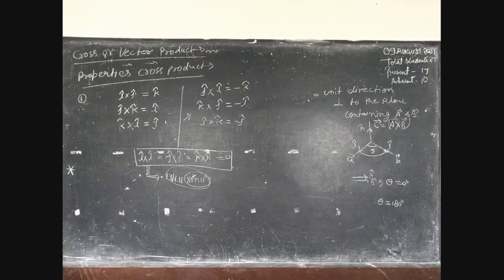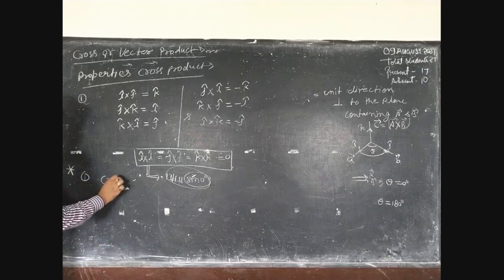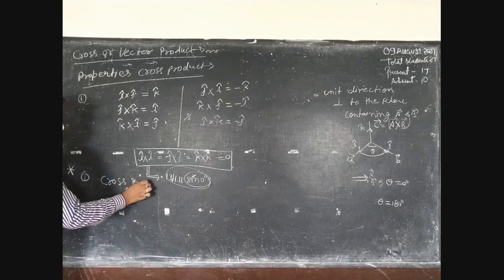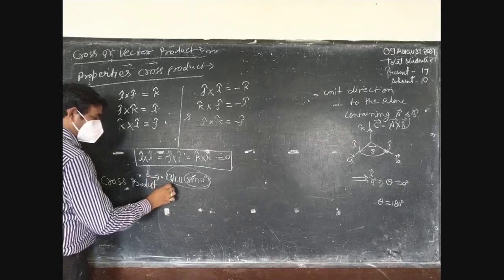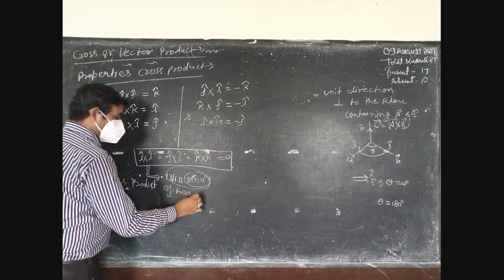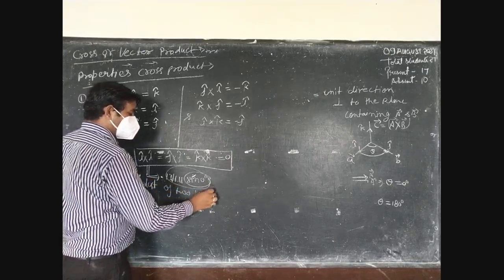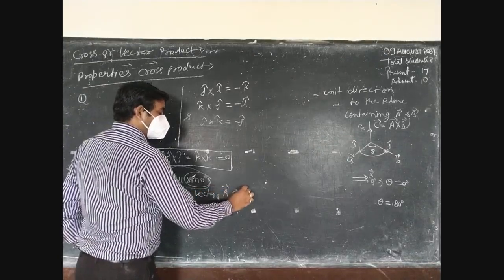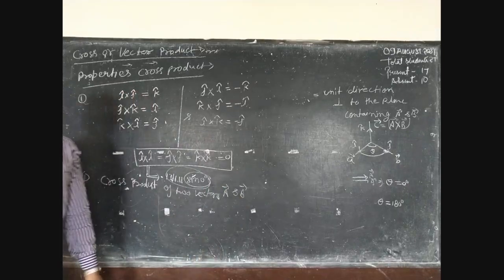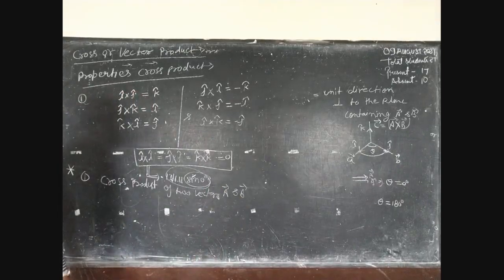Some laws related to cross product. First, the cross product of two vectors, that is vector A and B, is anti-commutative.